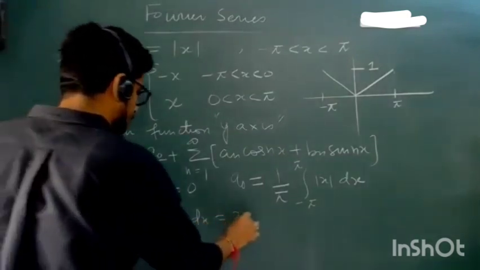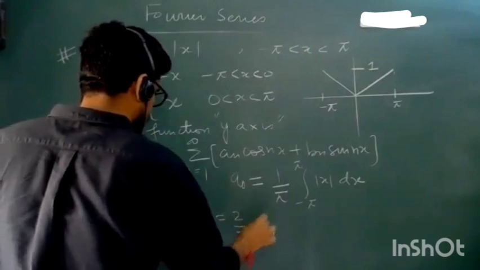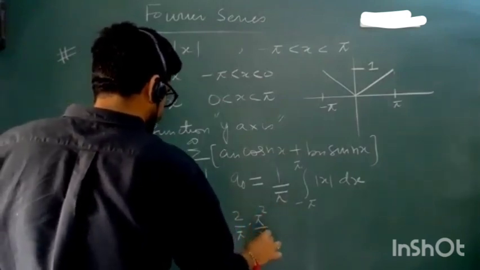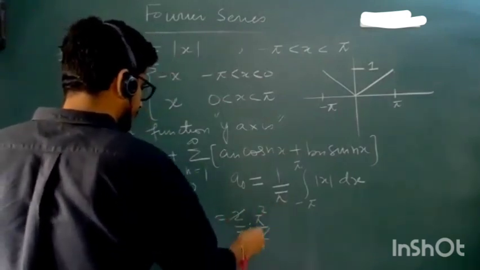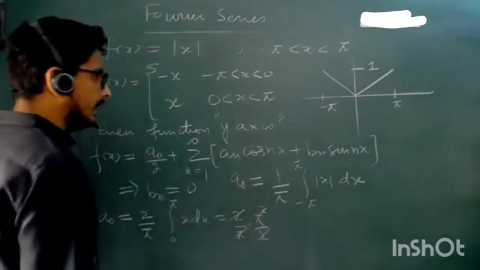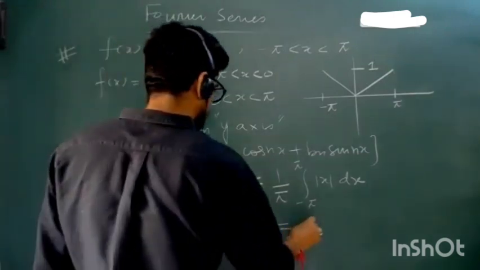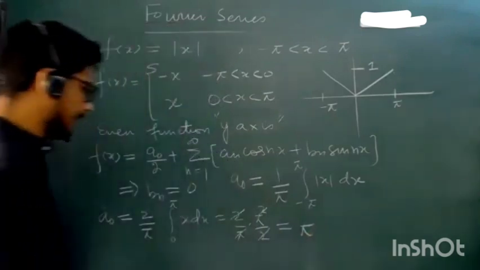So this will be 2/π into π²/2. So this will cancel and the answer will be equal to π. The value of a0 will be π.